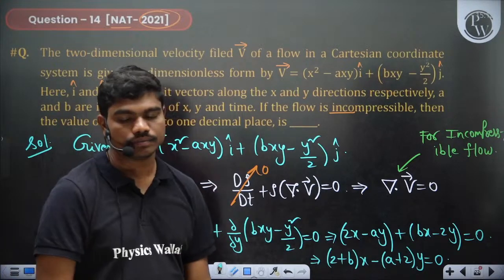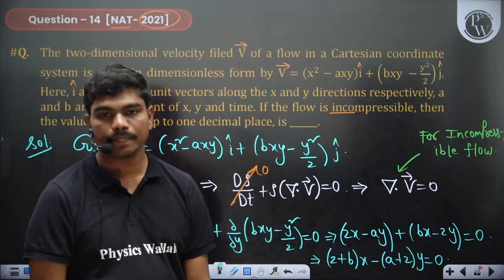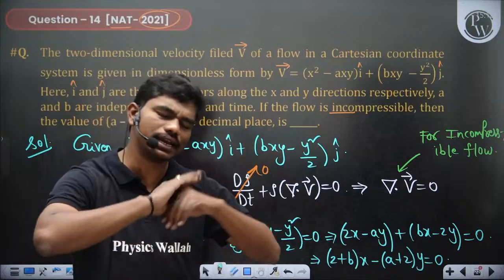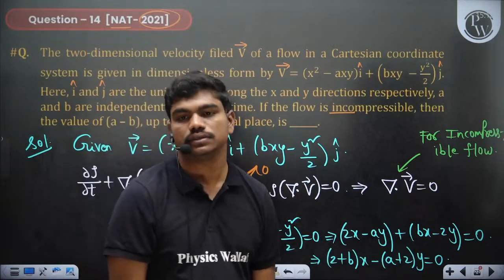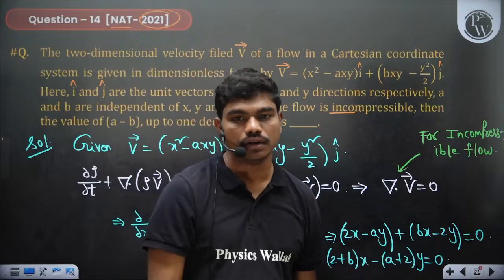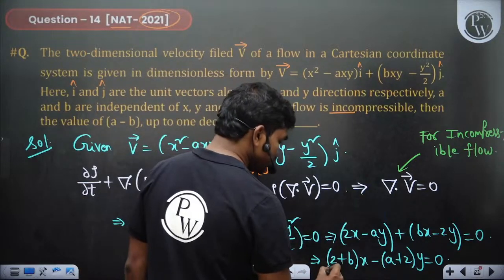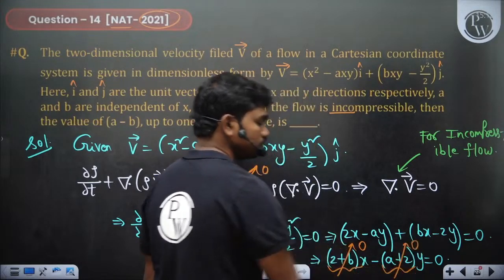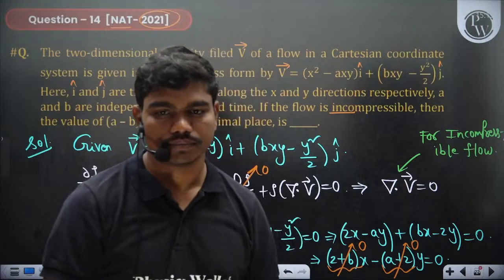Come on, tell me. That happens when 2 plus b is 0 and a plus 2 is also 0. Then this equation becomes an identity at any point x, y.